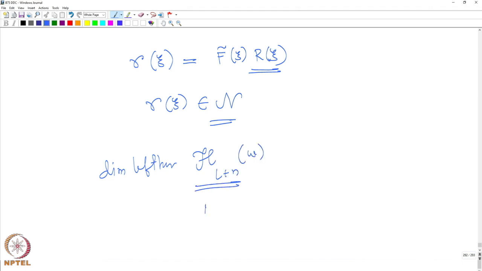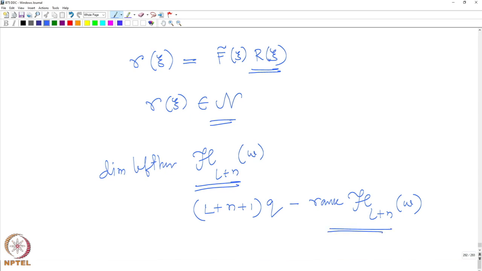This size is L plus n plus 1 times P. Yeah, sorry, why did I write P? It's times Q. That is the number of variables present here. Okay. And so, minus the rank of H L plus n W.